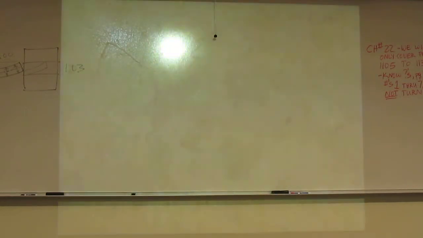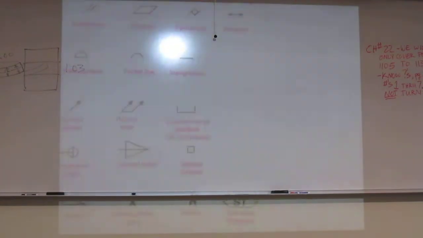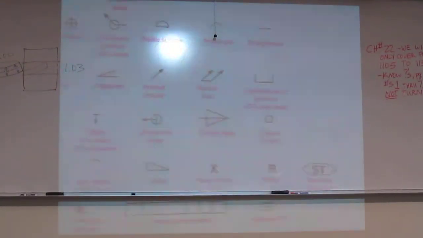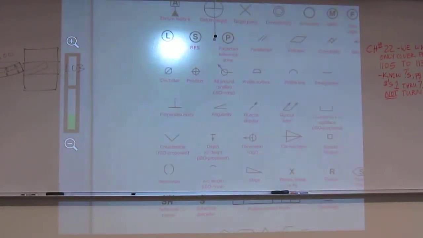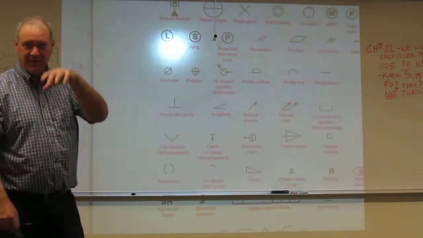Does everybody understand the difference between a related and an individual GDT? In essence, when we're talking about related versus individual, when you're looking at a symbol, is it related to itself or is it related to another part?